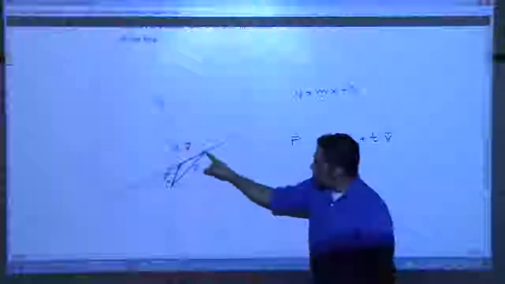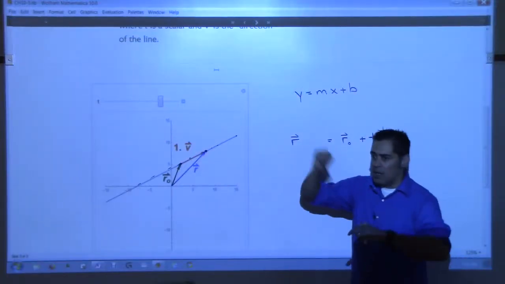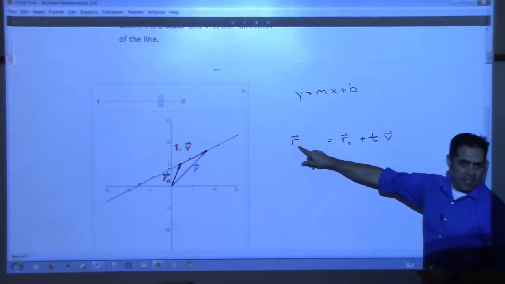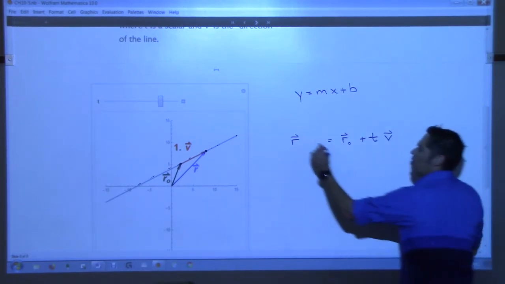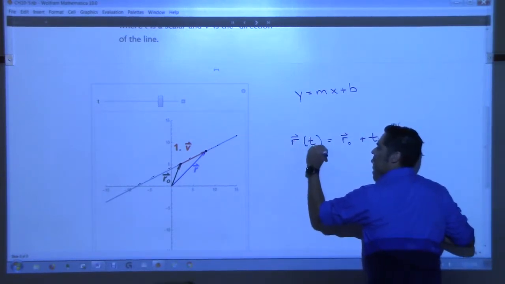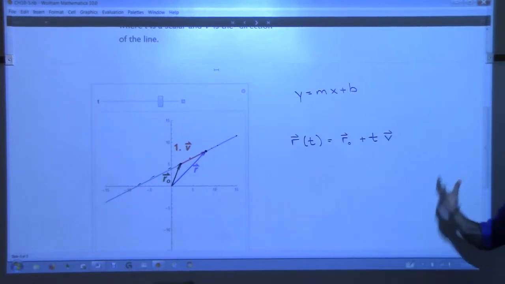So t times v should be some vector that's parallel to v. And then the vector where we end up on the line is now a function of t. It depends on t. So we call it a function of t. And that is the master formula for the equation of a line in 2 or 3-dimensional space.